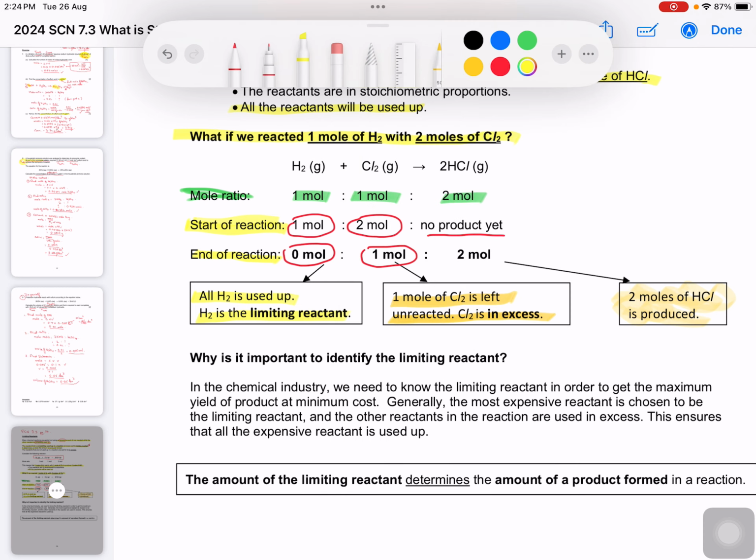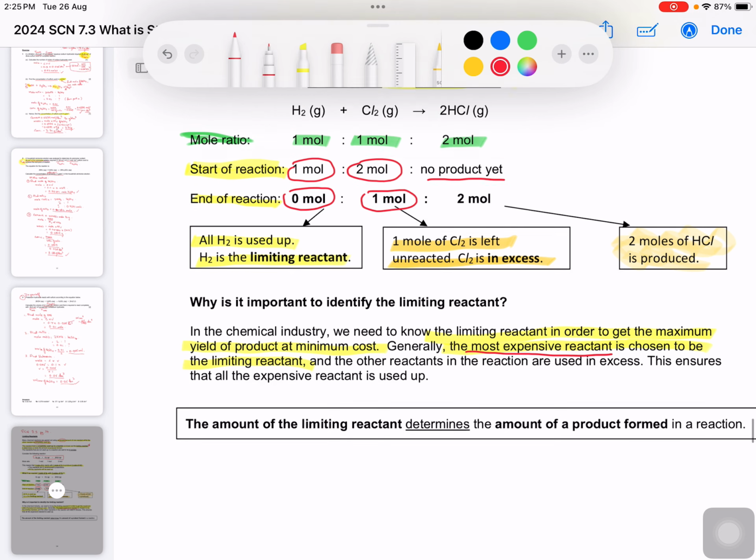So we need to know the limiting reactant to get the maximum yield of product at minimum cost. And therefore, we will choose the most expensive reactant to be the limiting reactant. Okay, the most expensive one, we make sure it's the one that will get totally used up.